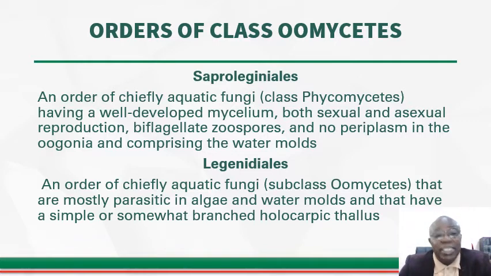Then the Lagenidiales is an order of Oomycetes, and they are mostly parasitic in algae and water molds, and have a simple or somewhat branched holocarpic thallus. That is the characteristic of the members of this order, Lagenidiales.